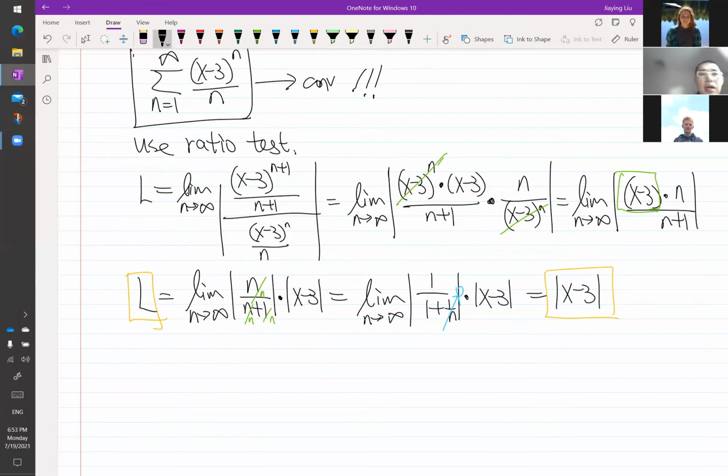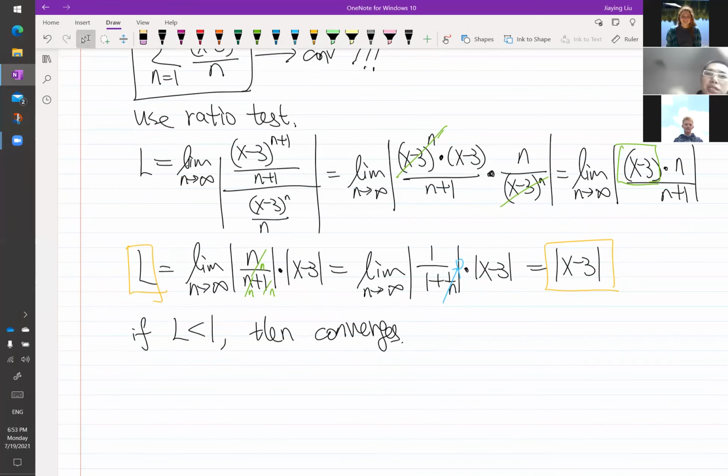Right. Now, remember, this is just the ratio test. We found L. Well, when is it convergent? It converges if L is less than 1. Recall that if L is less than 1, then the series converges. It converges absolutely, but here we just want it to be convergent.